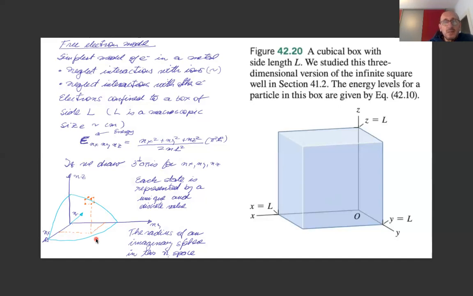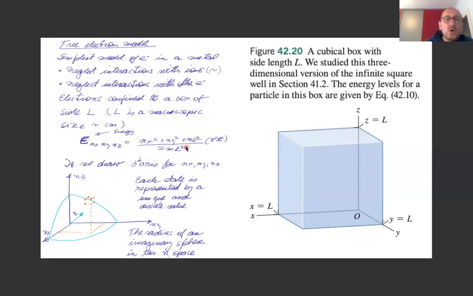Do you guys follow that? I hope that you do. Meaning, how many states do I have until this point, and why am I using a sphere? I'm using a sphere because, look, n_x squared plus n_y squared plus n_z squared is equal to n squared, which is the length of the vector between the origin and the surface of the sphere that I have here.